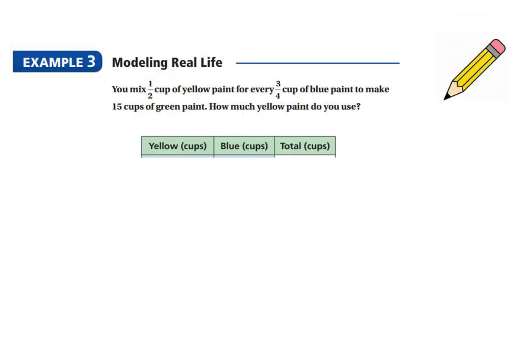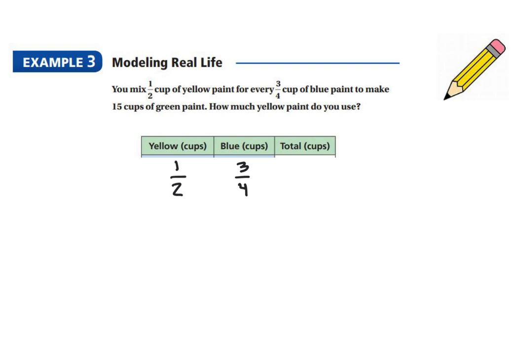In this example, we're modeling real life. You mix 1/2 cup of yellow paint for every 3/4 cups of blue paint to make 15 cups of green paint. How much yellow paint do you use? So let's make a bit of a table here. Yellow paint is going to be 1/2 of a cup. Blue paint is going to be 3/4 of a cup.